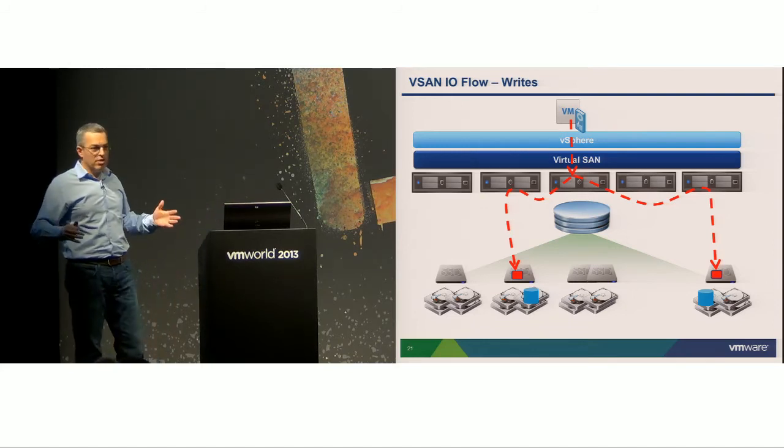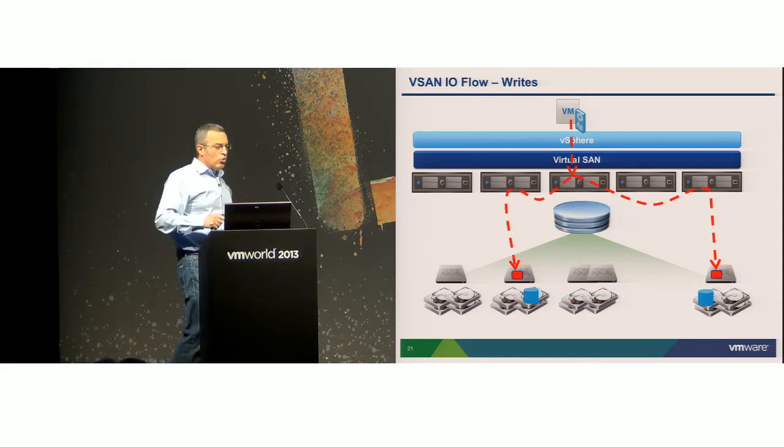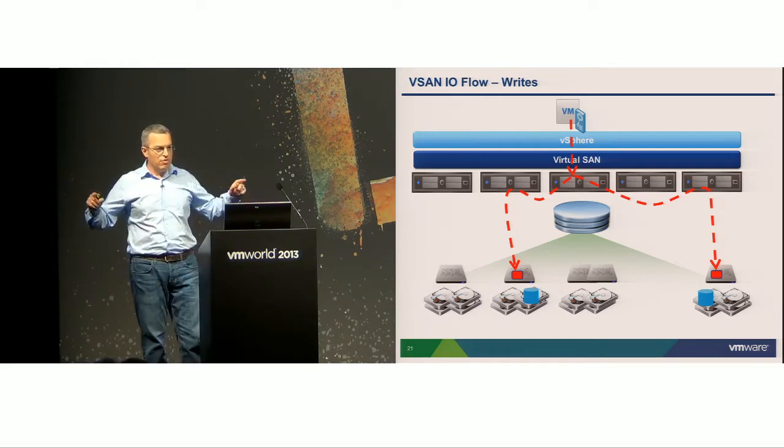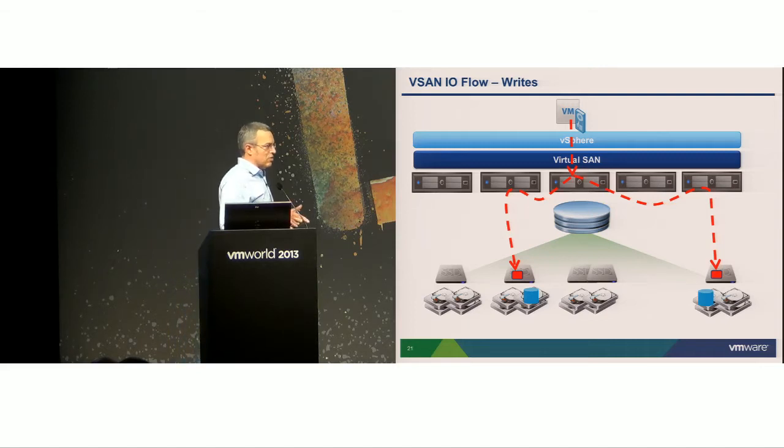And at least one replica is going to be remote, or both of them may be remote. So the writes go to the other host, and then vSAN performs those writes on the flash, on the write buffer, on the flash device that is in front of the magnetic disk where each of those replicas resides.